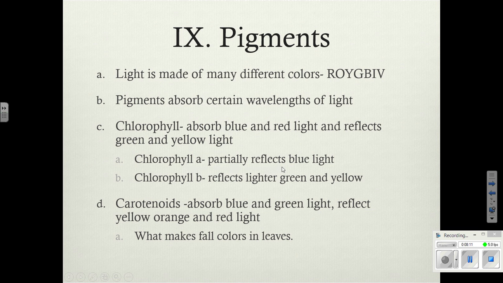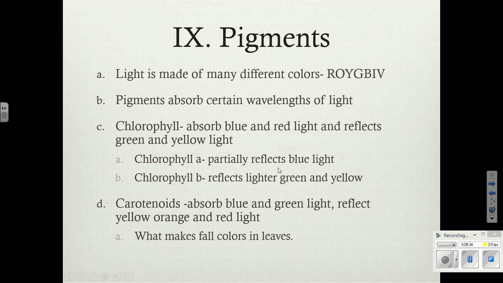Chlorophyll A looks a bit darker green because it's reflecting some of that blue light, whereas chlorophyll B looks much lighter because it's reflecting some greens and yellows. We're absorbing all these darker colors and reflecting the lighter ones, which is why most plants look greenish yellow to our eyes.